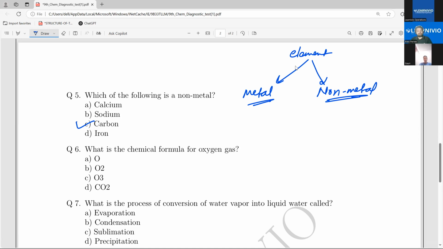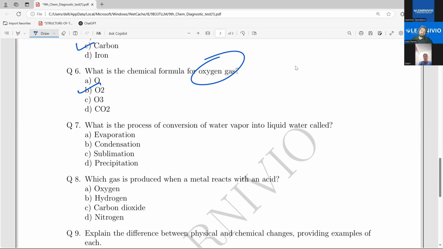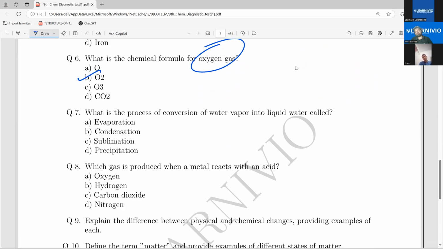What is the chemical formula of oxygen gas? O2. Next, what is the process of conversion of water vapor into liquid?